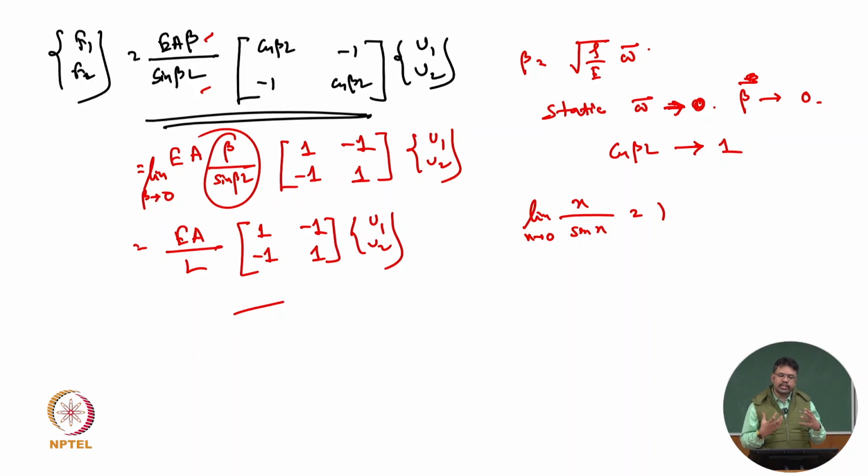So now what is the thing happening? Once we are doing it like a finite element, we need to write the mass matrix, we need to write the stiffness matrix, both, and we have to solve it. But here the advantage is that you don't need to write the mass matrix, because in your dynamic stiffness matrix, or spectral stiffness matrix, this is known as the spectral stiffness matrix, the effect of mass is already included.